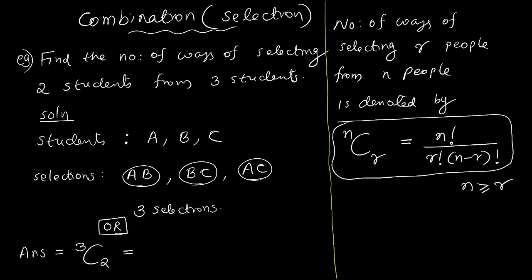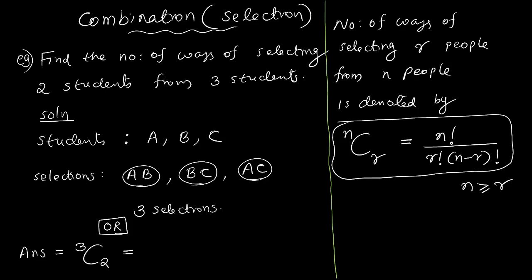Understood? Because total how many students? 3 students. How many do I want? 2 students. So mathematically the number of such selections is denoted by 3C2. Let me use this formula and verify I am getting the same answer. nCr form, right? n is 3 here.